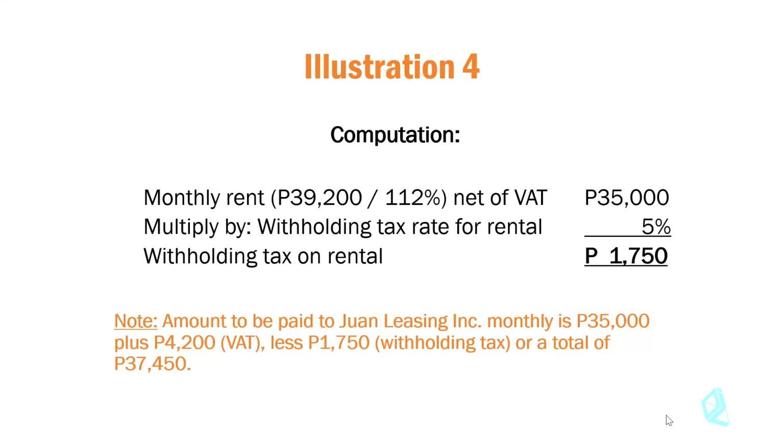Okay, so 35,000 plus 4,200, so total is 39,200, which is inclusive of VAT. You remove the 1,750 withholding tax, so the amount to be paid to Juan Leasing would be 37,450.